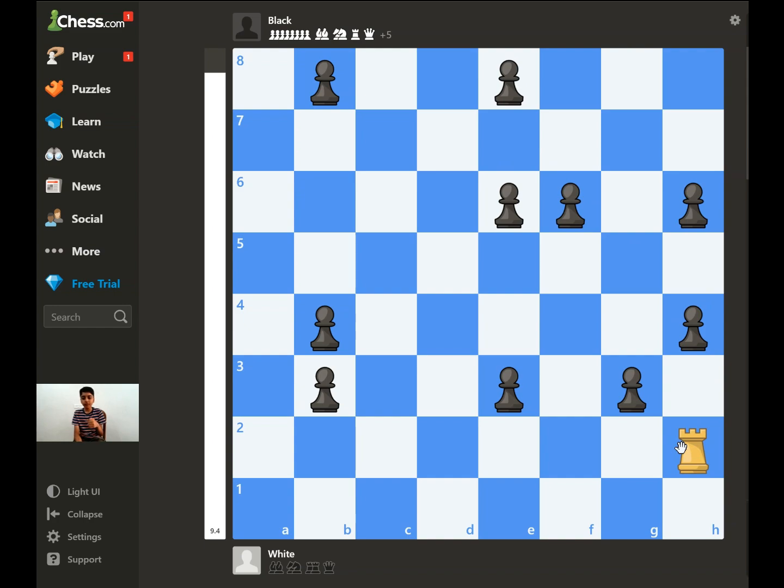At each move, it should capture at least one pawn, or if not, you lose. I'll give you 40 seconds to solve it.